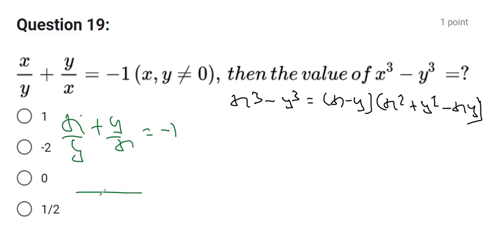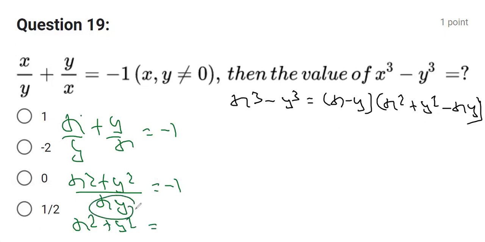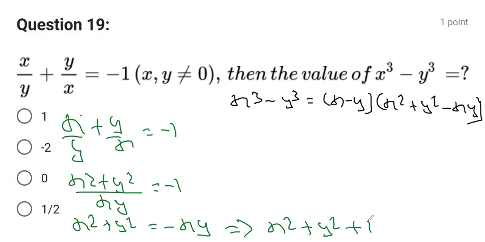So clearly the LCM comes out to be xy, and this is x square plus y square over xy is equal to minus 1. Later, if I transpose xy to the right hand side, it will multiply with minus 1 and we get minus xy. And in one more step, we can transpose minus xy to the left hand side. It will become positive xy, so x square plus y square plus xy is equal to 0.